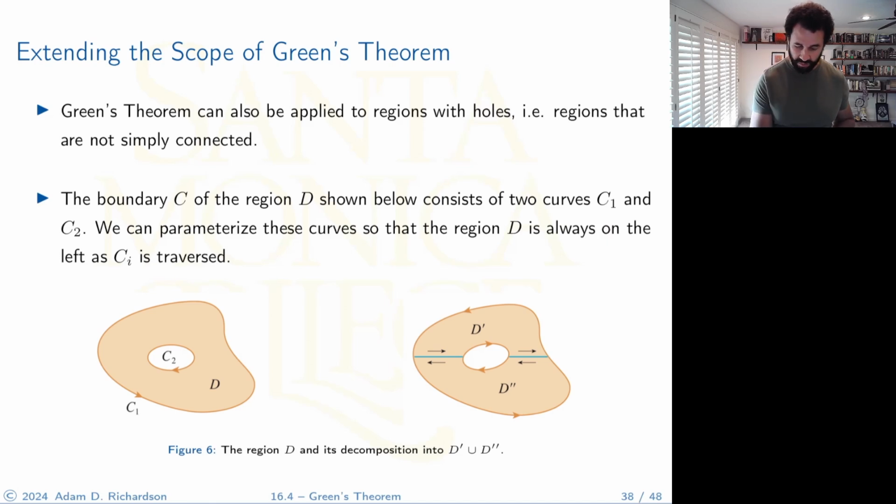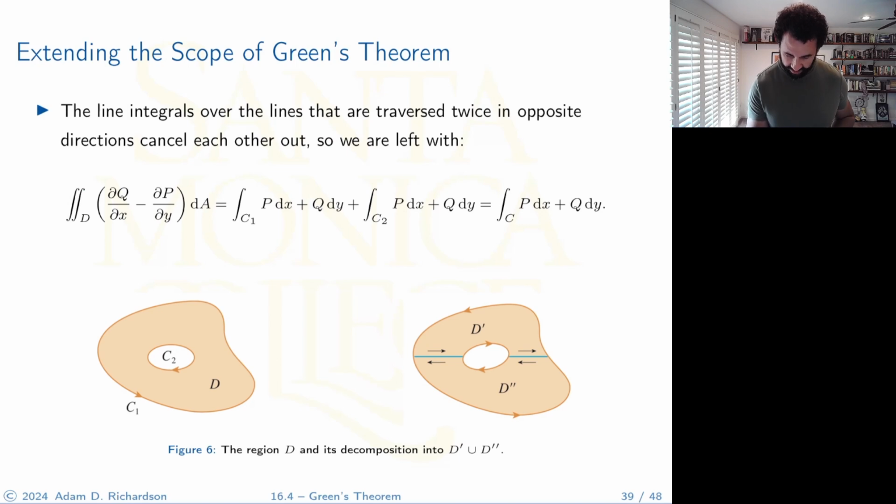And now here's the trick. What we're going to do is add two line segments that basically cut to that interior region, that interior hole, just like so. There we go. And then we're going to write the integral over the region as the line integral over C1, the line integral over C2, and then that'll be it.